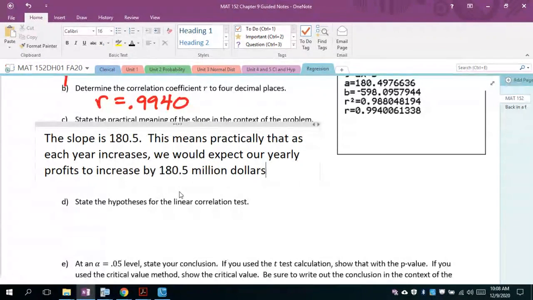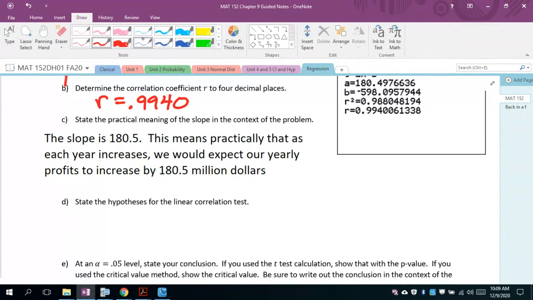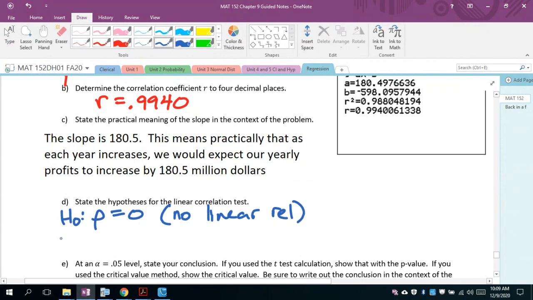So obviously this is going to be a linear correlation test for positive linear correlation. So the null would be that rho equals 0, and that's indicating no linear relationship.